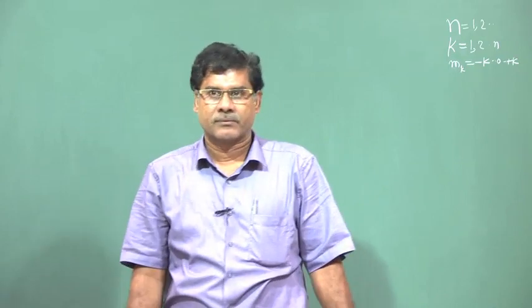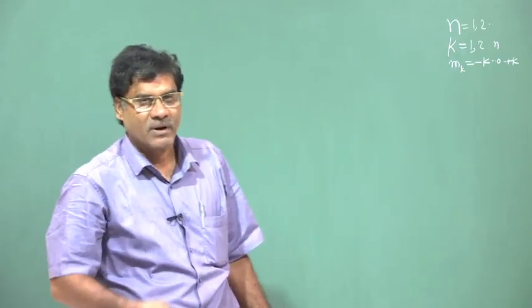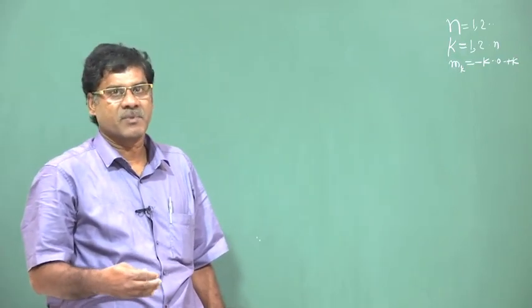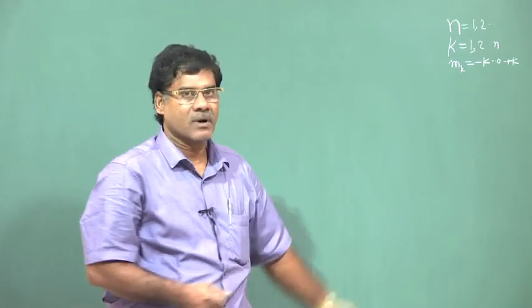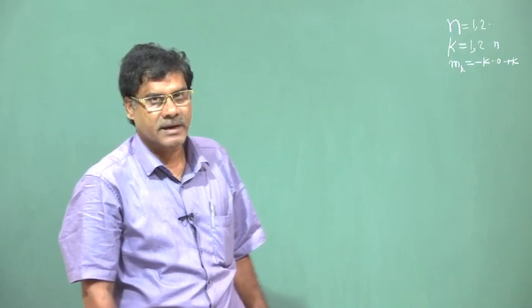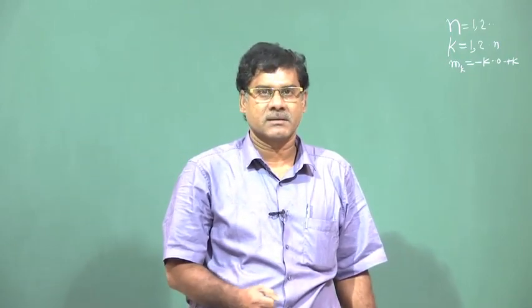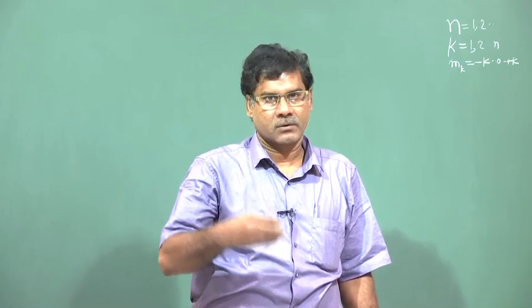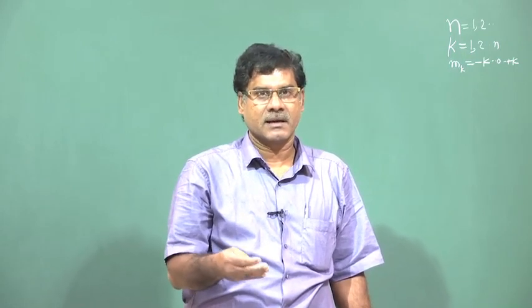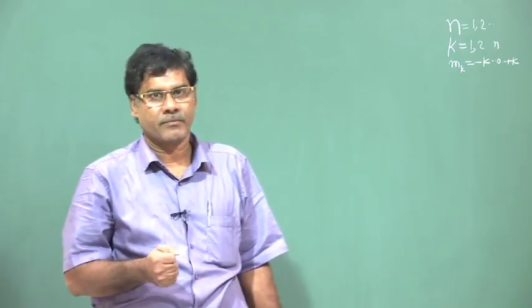So far, for the H alpha line, it is split into 3 lines as per the quantization, but experimentally it is found to be 5 lines. And for sodium D lines, there are more lines, D1, D2.